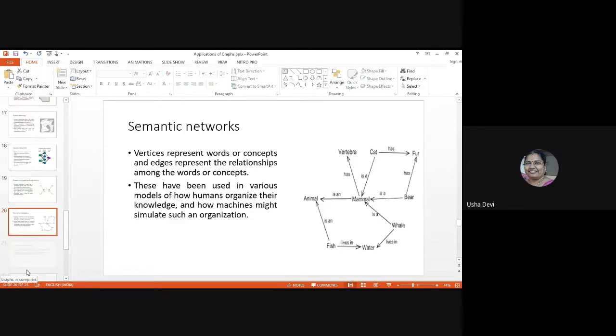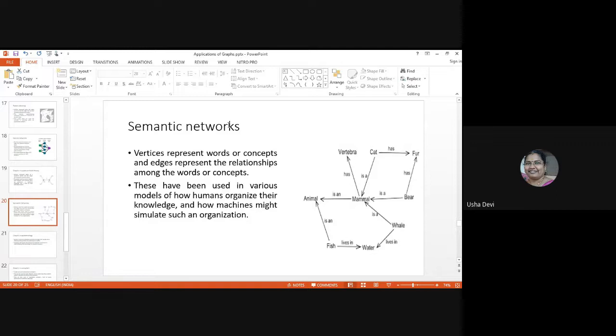Yeah, coming to our field, it's semantic networks. Here we have words or concepts. While you are going for any semantic searching, what that is going to do is, we are simply passing some words or sometimes concepts, and then the relevant things should be retrieved from the server.